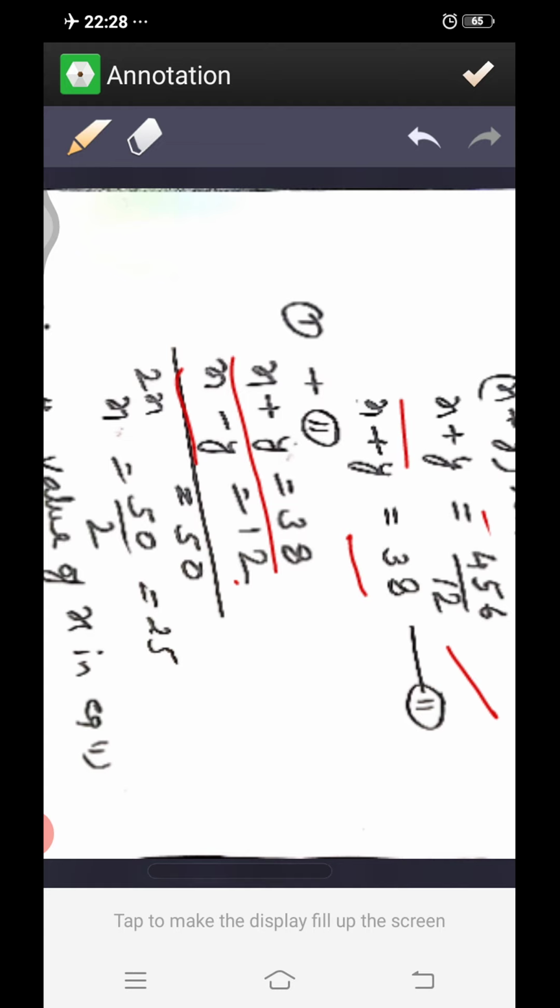So no sign will be changed. We can see plus y and minus y get cancelled. So we get x plus x, that is 2x, equal to 38 plus 12, that is 50. So x equals 50 upon 2, that is equal to 25.